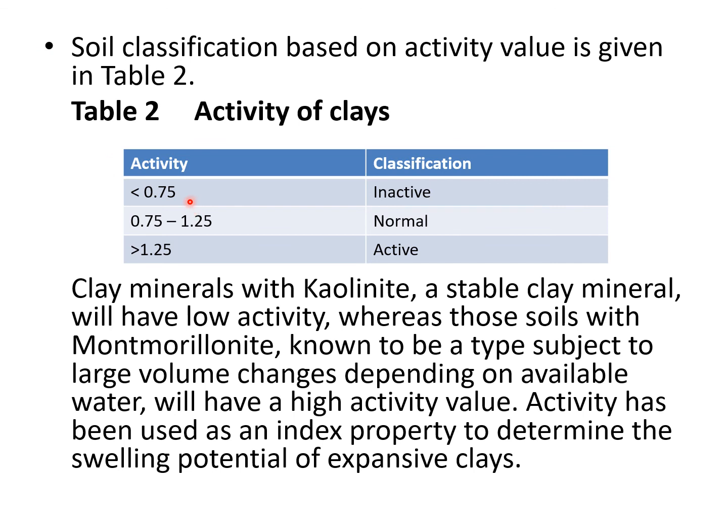If the activity is less than 0.75, it means inactive clay. When the activity is from 0.75 to 1.25, it is normal clay, which means there will be some change in volume, but within some reasonable limit. But when it is more than 1.25, that means active.